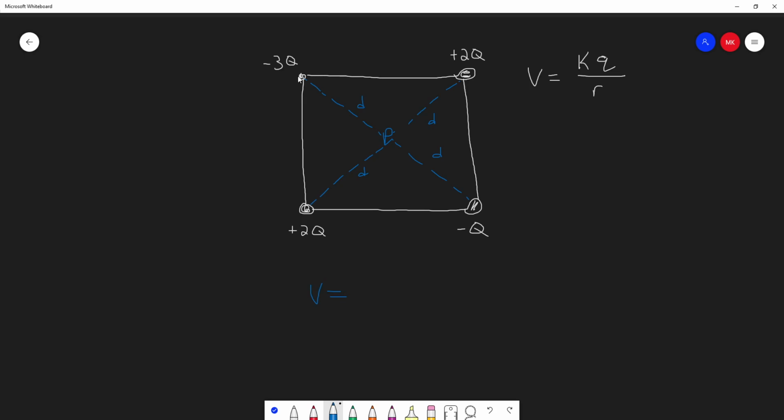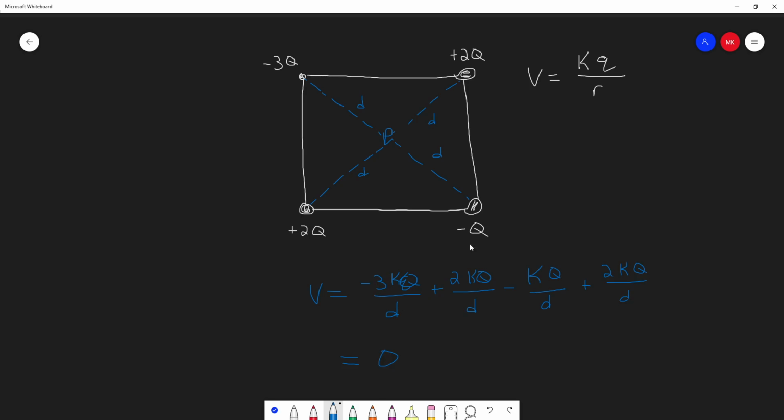So voltage, I'm going to go to this top left charge first. It's negative 3Q times K, so negative 3KQ over our distance, which is D. For the second charge, we have 2KQ over D. This should be a capital Q. For this bottom right charge, we have negative KQ over D. And for this bottom left charge, we have 2KQ over D. Simplifying this, we actually get 0.